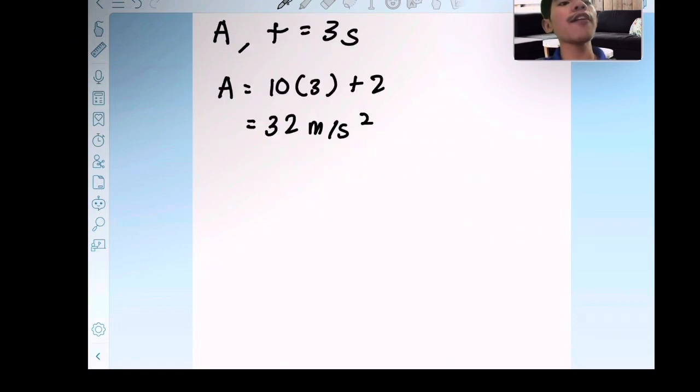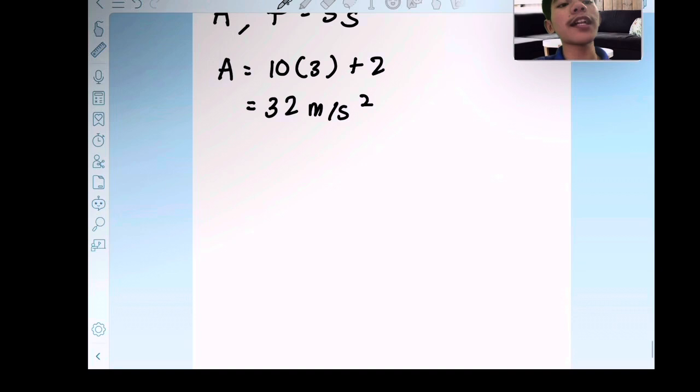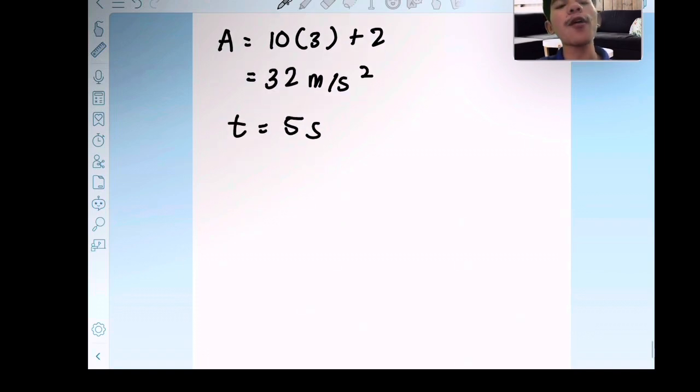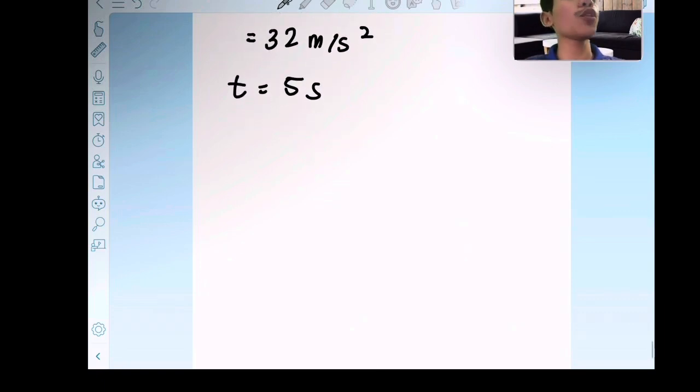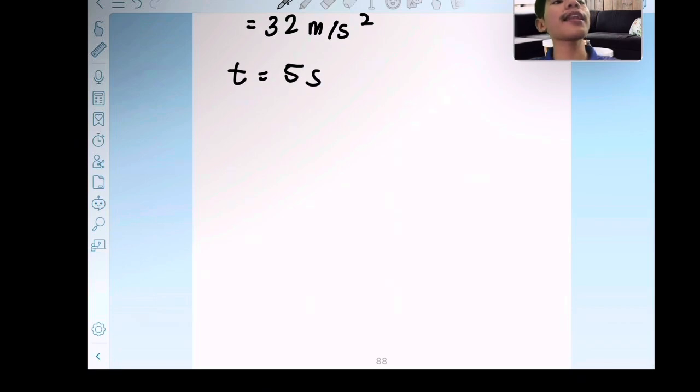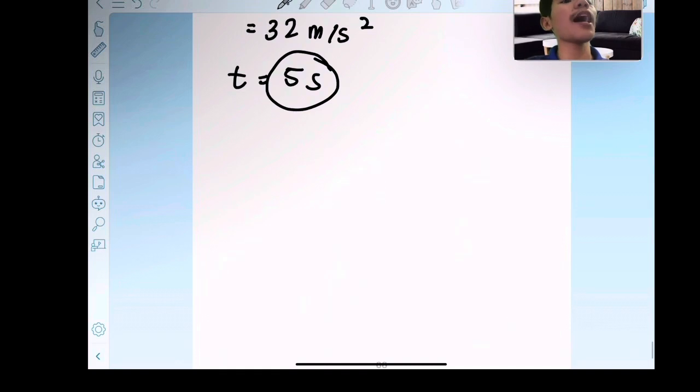Okay, so now we have got the acceleration. I want to calculate the distance traveled by Taufik when the time is 5 seconds. So we have got our equation from integration. By the integration process, I want to know the distance traveled when the time is 5 seconds.